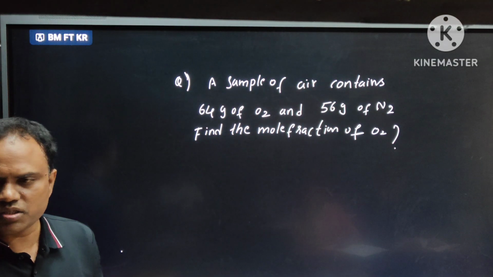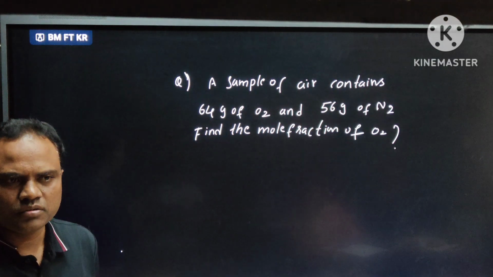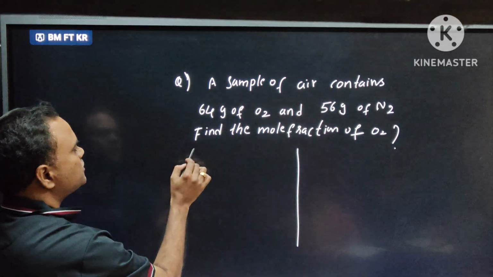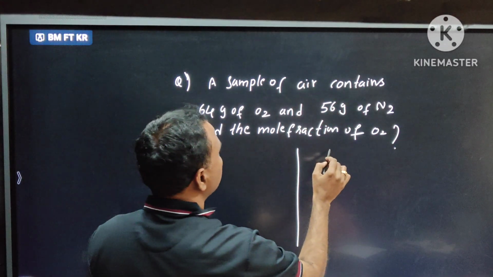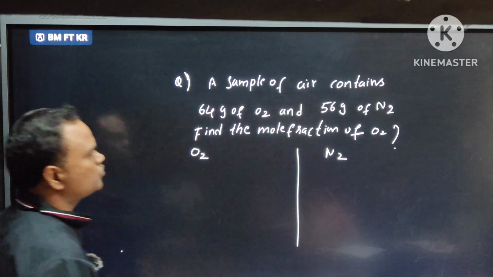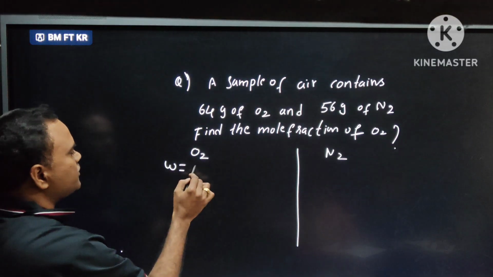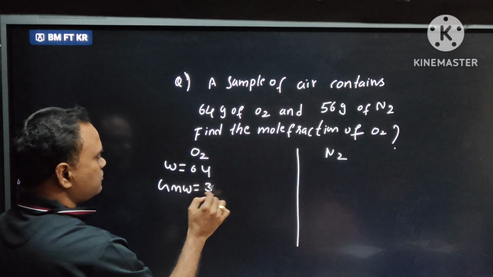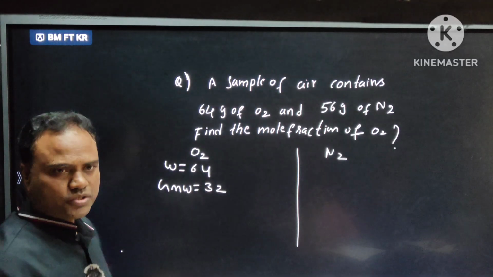To calculate mole fraction, what do we require? On this side write data related to O2, on this side write data related to N2. How much weight is given? 64. What is the gram molecular weight of oxygen? 32, 16 plus 16.